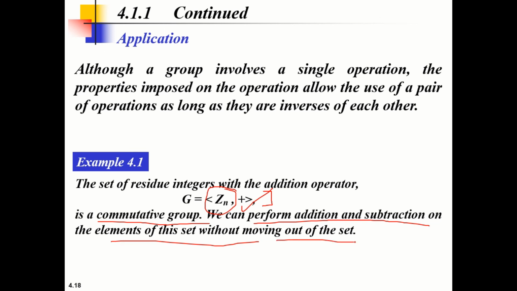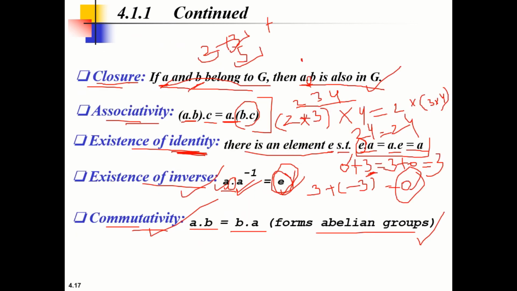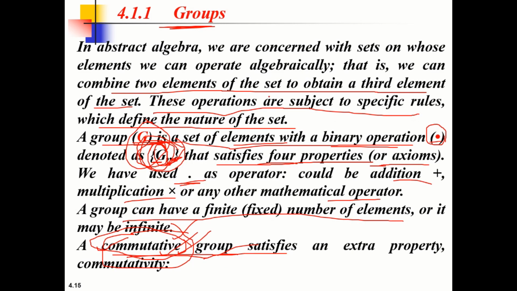The result which you are getting after performing the operation must also be in the set, which was the condition over here as well, and initially also we discussed it. So we combine two elements of the set to obtain a third element of the set. After applying the operation on the elements, the result must be in the group as well, in the set as well.